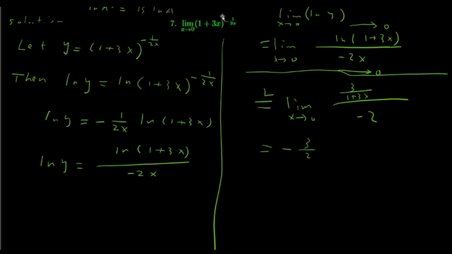We set y to be the given function. We are trying to compute the limit of y, right? So the given limit is the limit of y as x approaches 0. The limit of y.